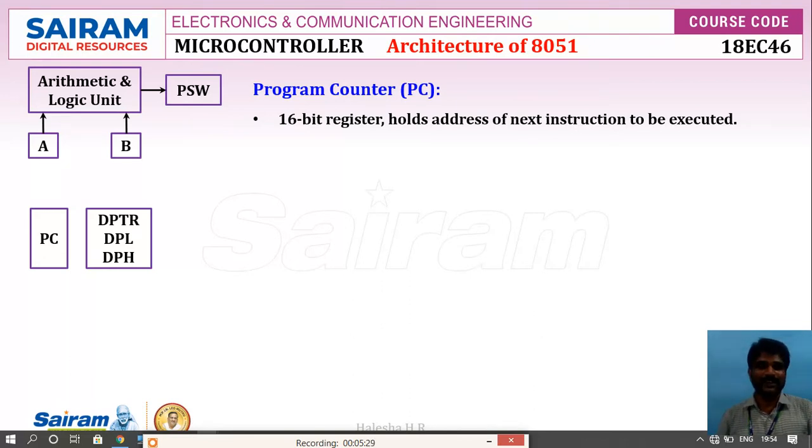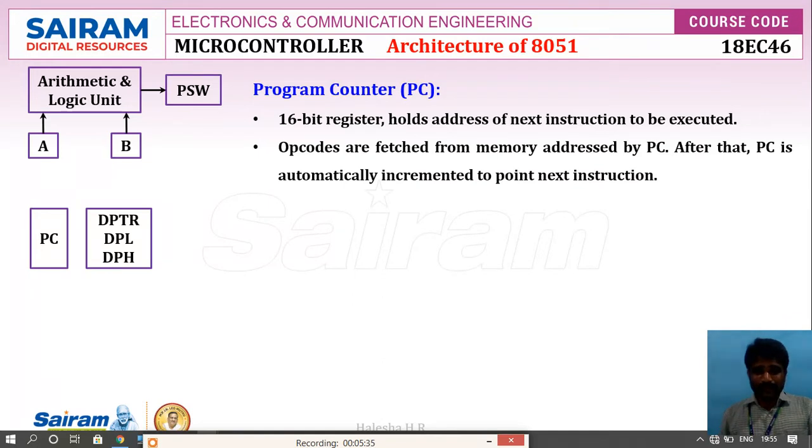This is the register used to store the address of program memory. So opcodes are fetched from the memory addressed by the PC. After that, PC is automatically incremented to point to the next instruction. That means whenever the current instruction is executing, PC is incremented to point to the address of the next instruction to be executed.